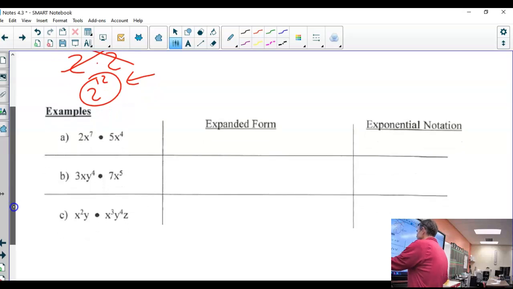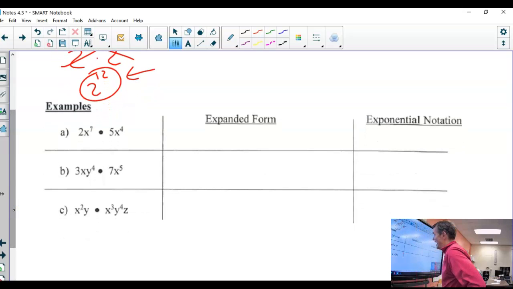I'm almost done. All right, what if I ask you to write example A out in expanded form? Could you do it? It would be 2 times x times x times x times x times x times x times x.